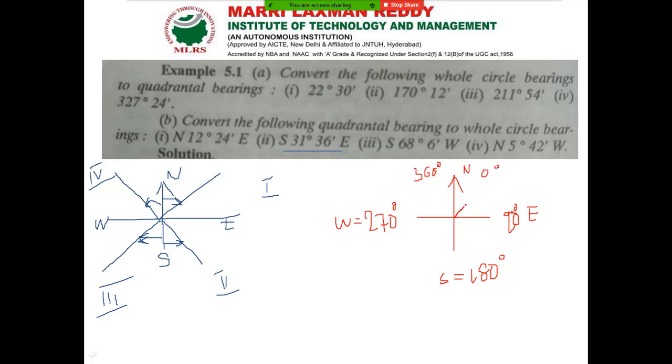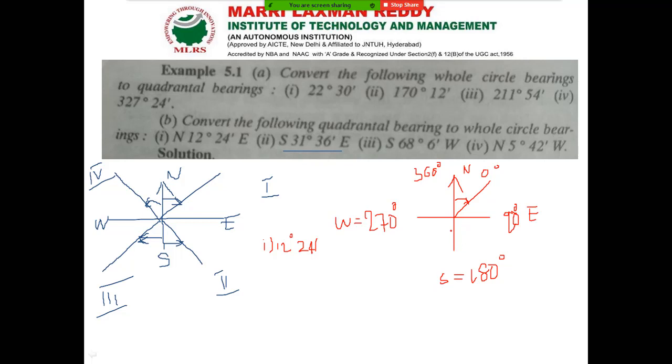So our first reading, 12 degree 24 minutes, won't change, so we can directly take it as 12 degree 24 minutes, since it starts from north itself.